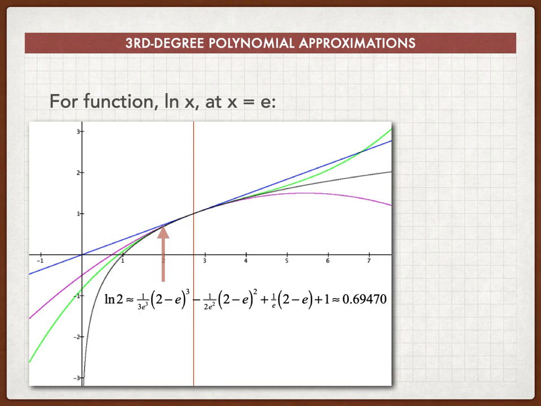The curve stays pretty darn close to ln x, from x equals 1 to 5. The approximation for ln 2 is less than 0.2% high. 0.2%. Holy moly.